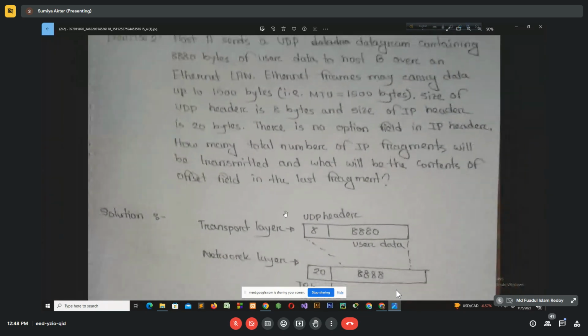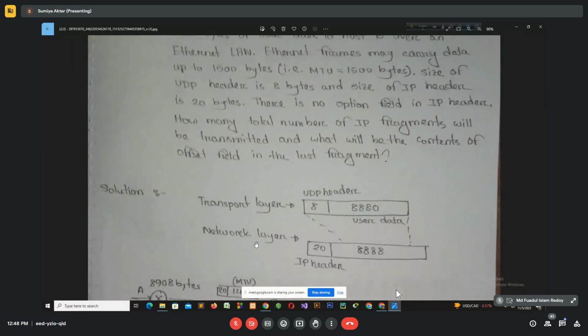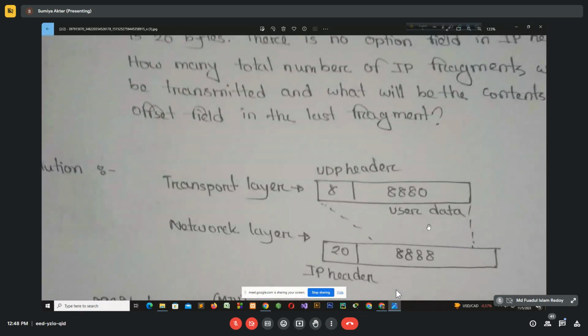As you can see, we will send our data from network layer to the another network layer. But here in the question, it is mentioned that from the transport layer, we have given that UDP header is 8 and the user data is this one, 8880.